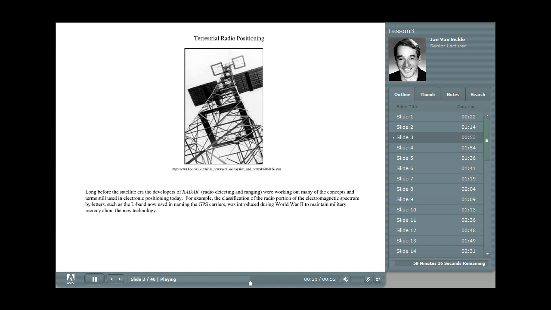Now, radar, of course, operates in part of the electromagnetic spectrum, and the L-band, which we currently use in GPS, is really part of an identification system that was originally instituted in World War II.